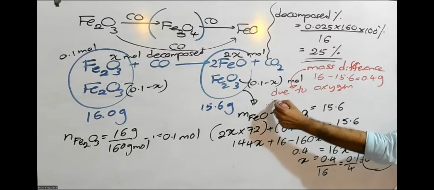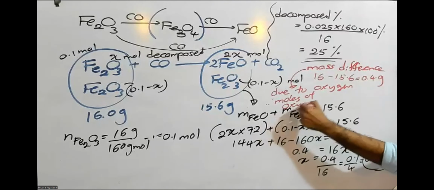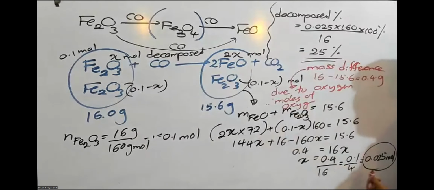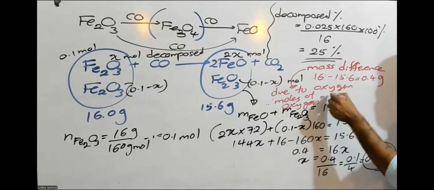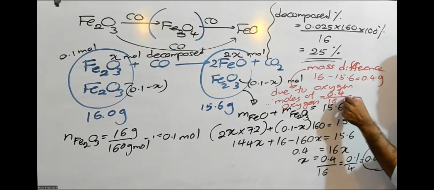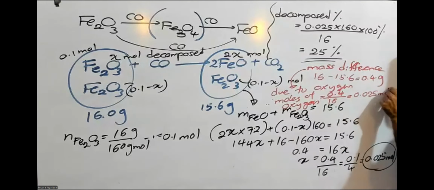So therefore we can find moles of oxygen atoms, because you can see one oxygen from here is taken to form carbon dioxide. Moles of oxygen will be 0.4 divided by 16, which is 0.025 moles.